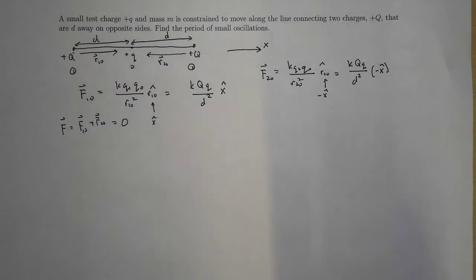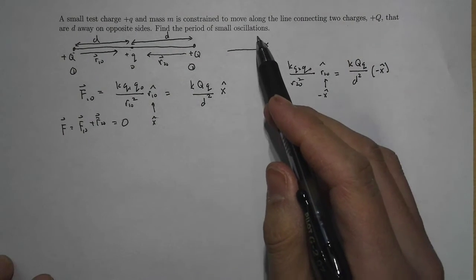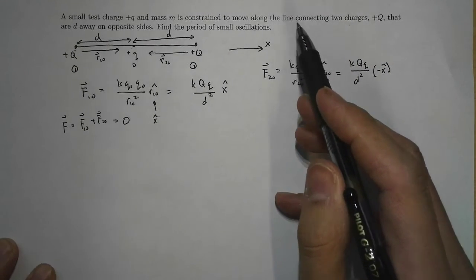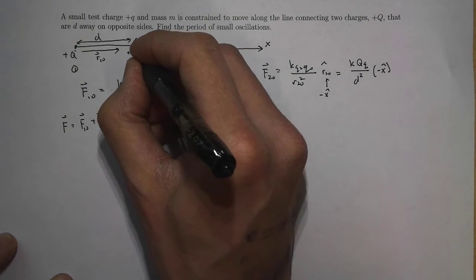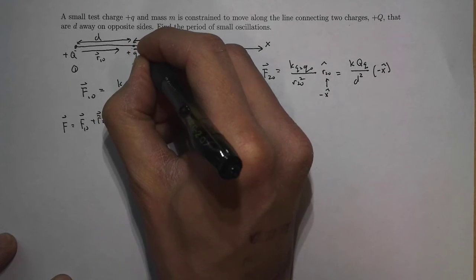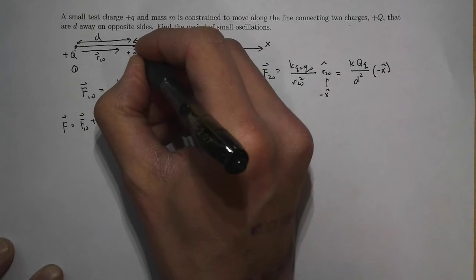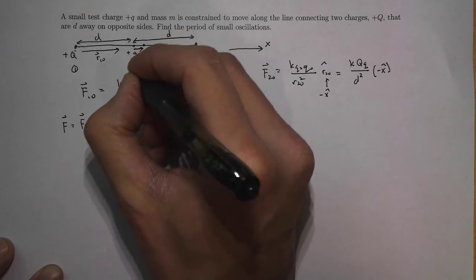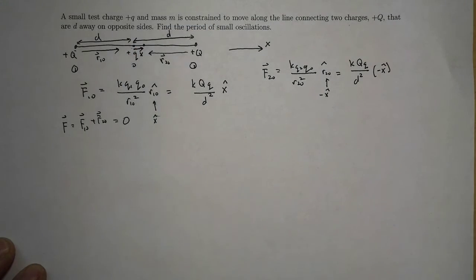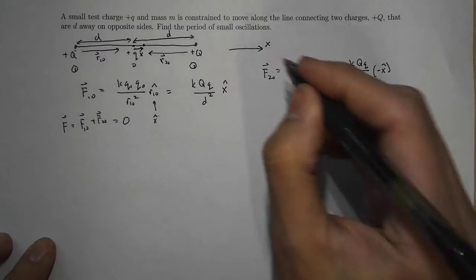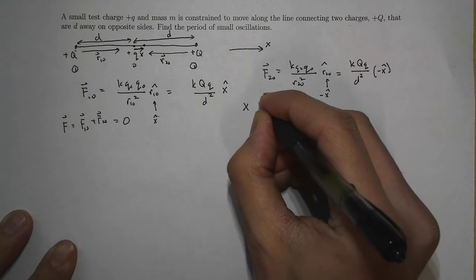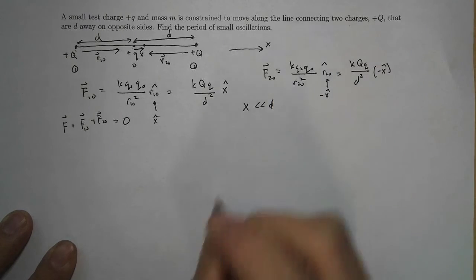Alright, so when we consider small oscillations, what we're going to consider is that we move this object ever so slightly in this direction, such as to a new position right here, and we'll call this position x. And we're going to consider x is much smaller than d.